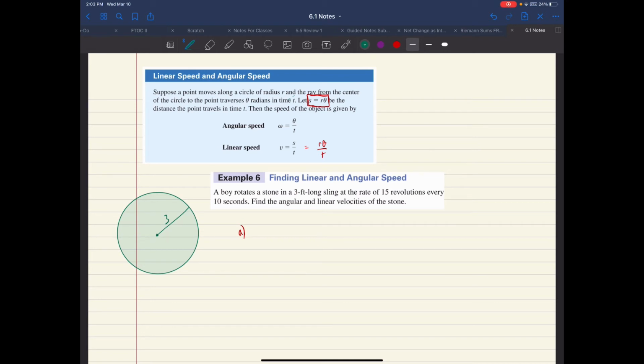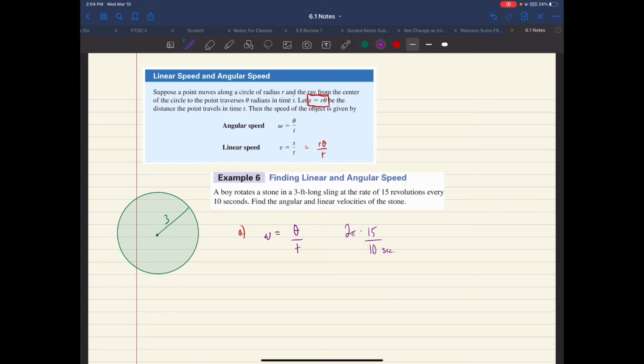So let's find the angular velocity, which is omega equals theta over time. What I would ask a lot in these questions is, what's theta? Well, we're talking about a circle, so 1 revolution around the circle would be 2 pi. In this problem it says that happens 15 times every 10 seconds.